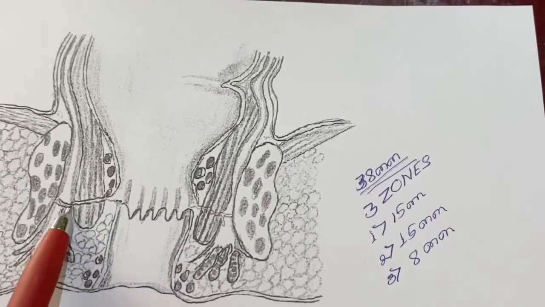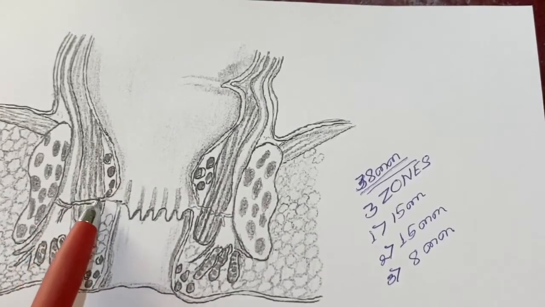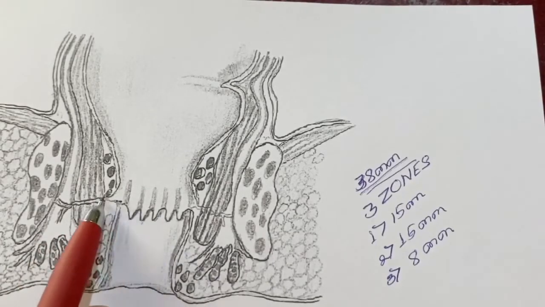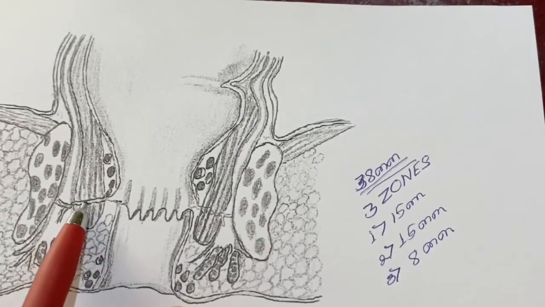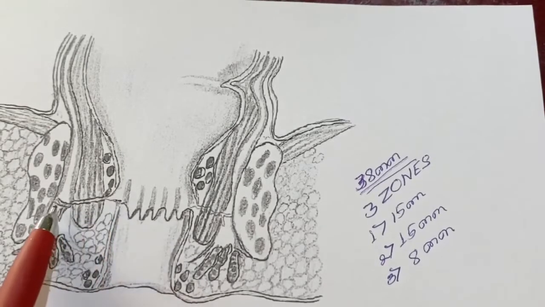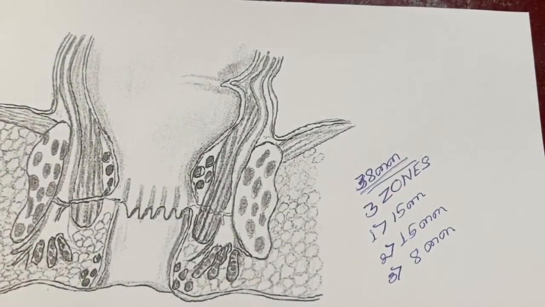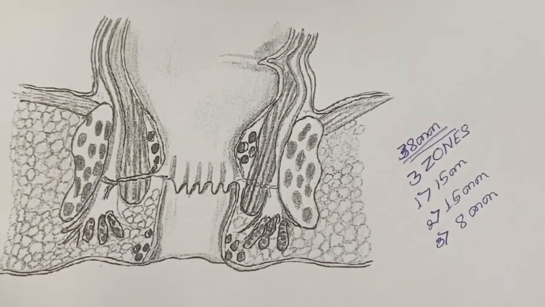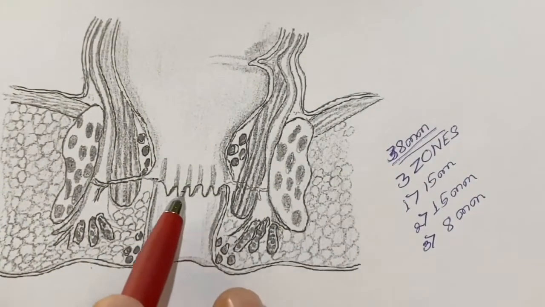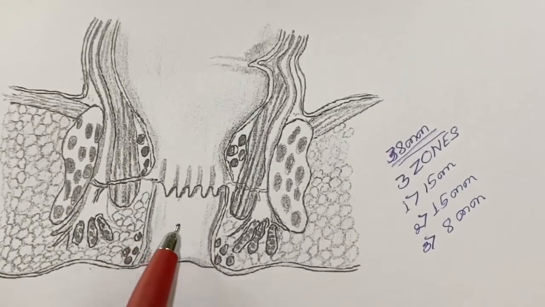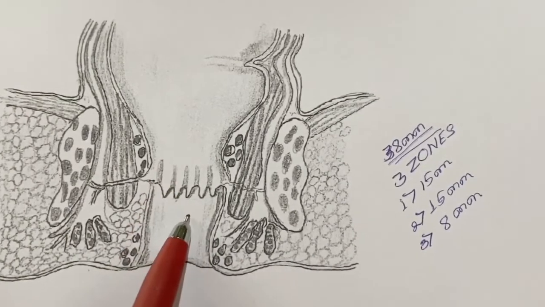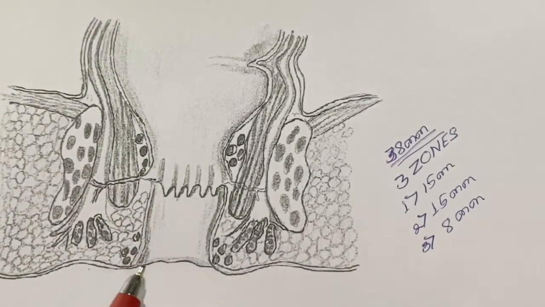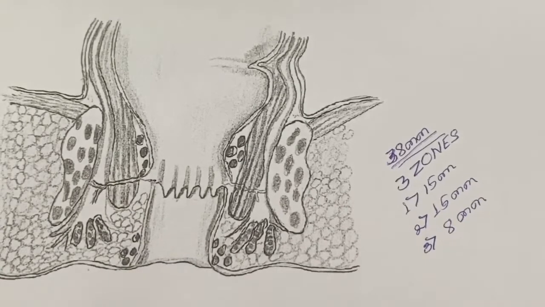The anal glands are lined by columnar epithelium, and there are nearly 4 to 6 or 4 to 8 glands. Blockage of these will cause infection, and later may lead to abscess formation or sometimes even fistula formation. This is the transitional zone, also called the pecten area, in which columnar epithelium turns into squamous epithelium, and this is the third zone.